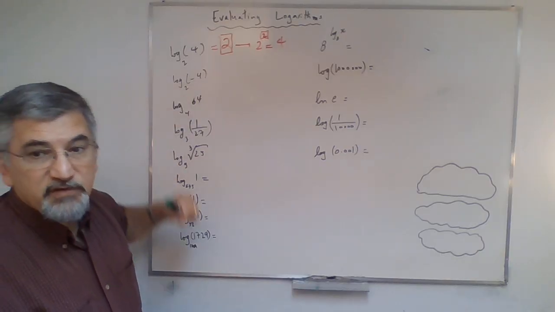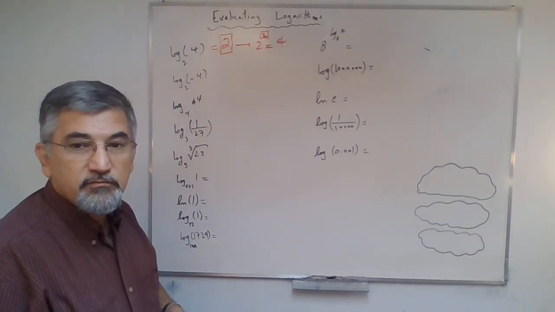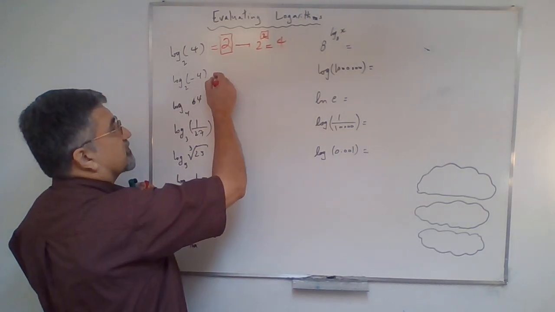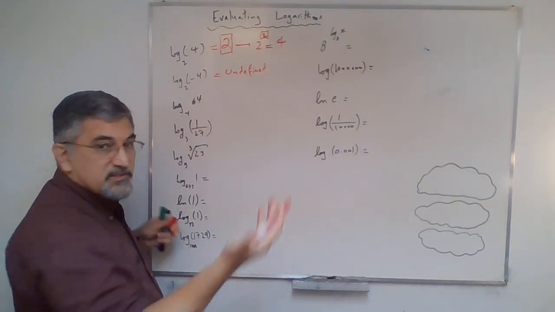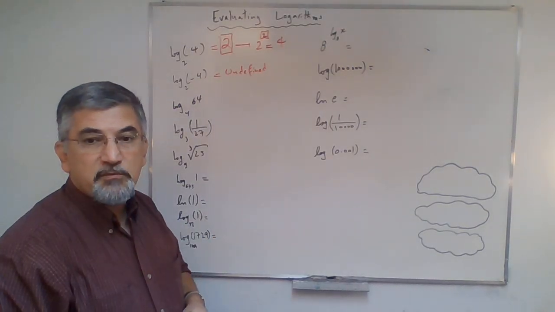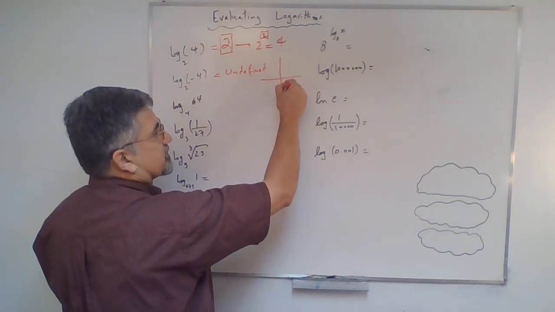Next question is log of negative 4. Well, it's clear that it's undefined and it doesn't exist, because if you remember the graph of the logarithmic function, it was like this.